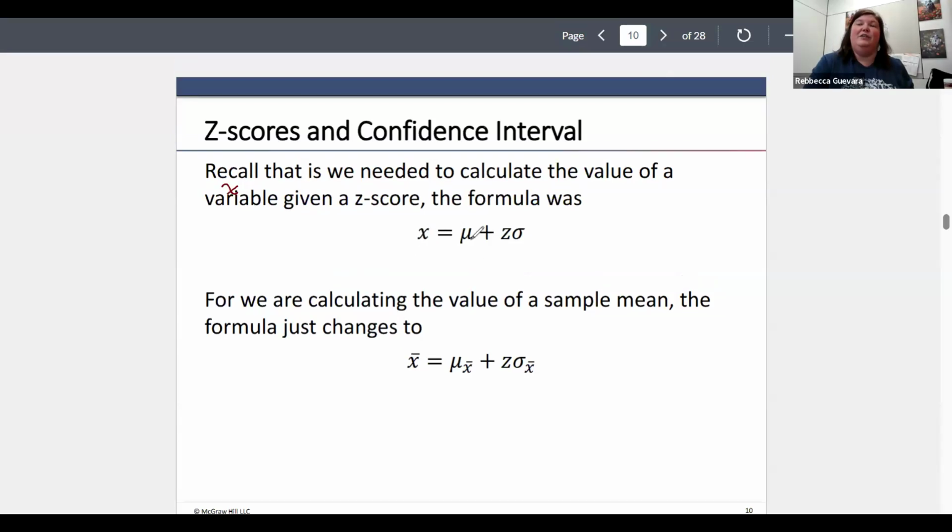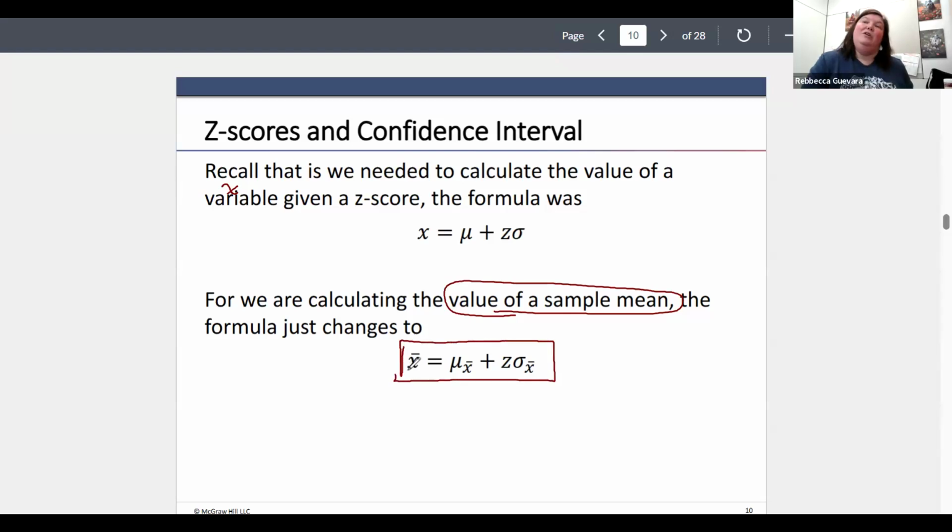The formula was x is equal to mu plus z times sigma. Since we were calculating the value of a sample mean, essentially, so we're trying to calculate a mean, then that changes to this. So now your mean is going to be equal to the mean of your population plus or minus your z-score times your standard deviation.